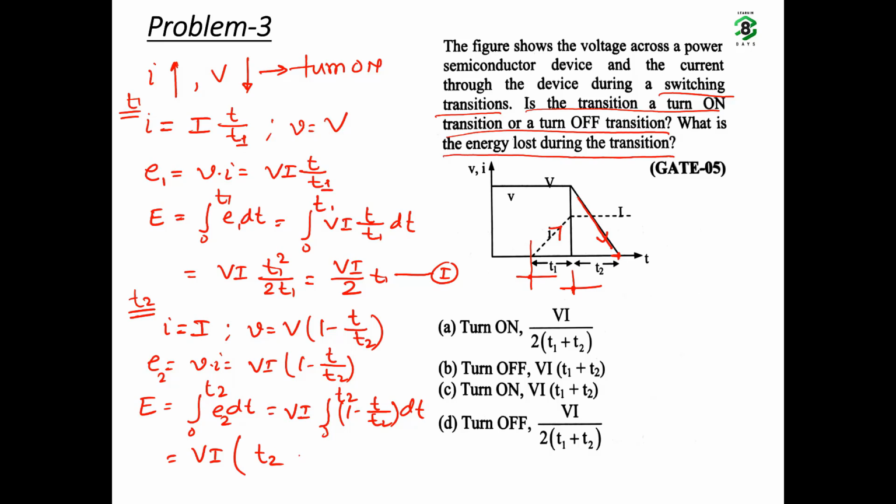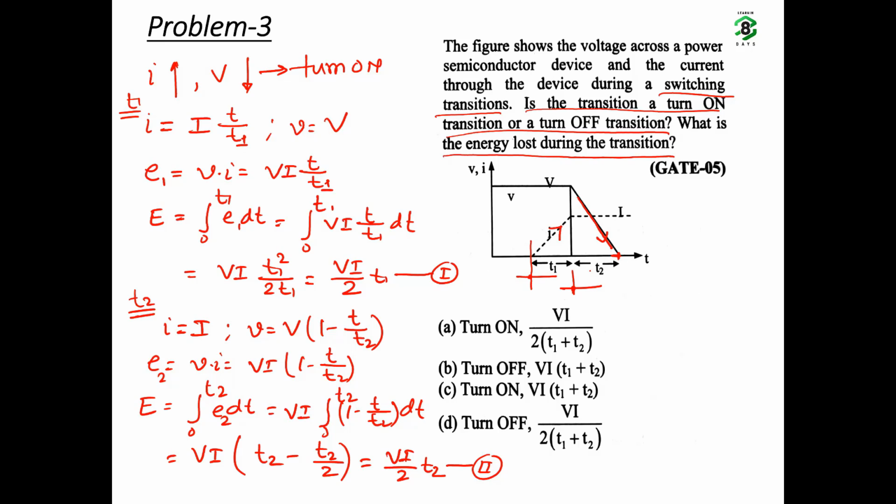It is T2 by 2 after integration, so V I by 2 into T2. This is expression number 2. In expression 1 we calculated the energy for the duration of T1, and in expression 2 we calculated the energy for the duration of T2.